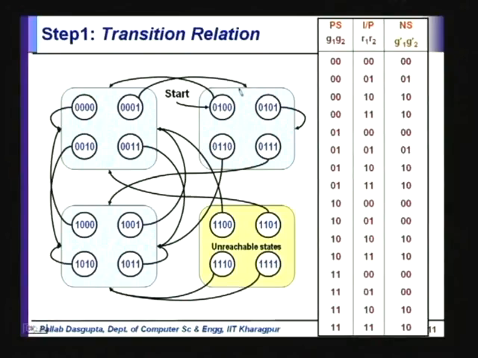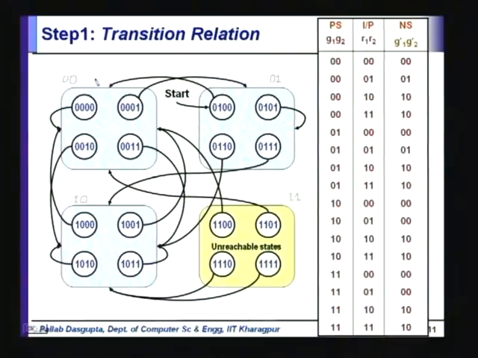So, you will see that this corresponds to the present state 0 0, this corresponds to the state 0 1, this corresponds to 1 0 and this corresponds to 1 1. And now, we have 4 of these here, because these are the next state inputs, okay. Now, if your next state is 0 0, then your next state with the inputs can be 0 0 0 0, 0 0 0 1, 0 0 1 0 or 0 0 1 1, right, okay.